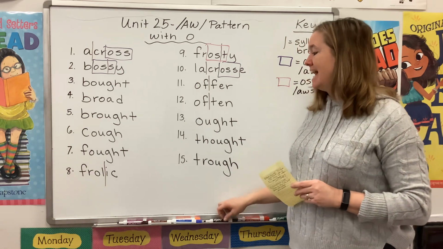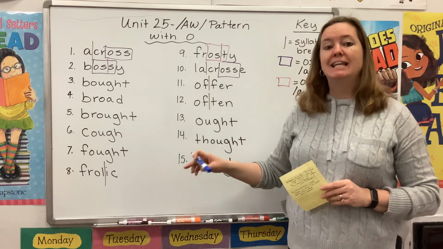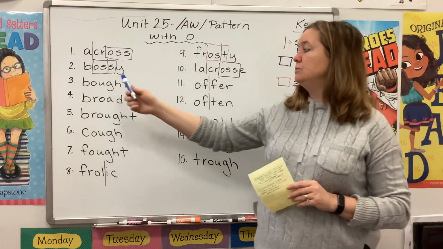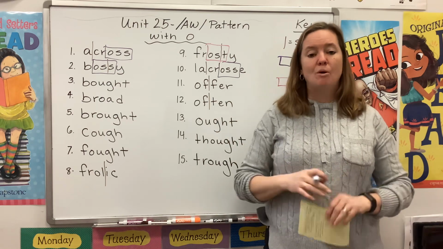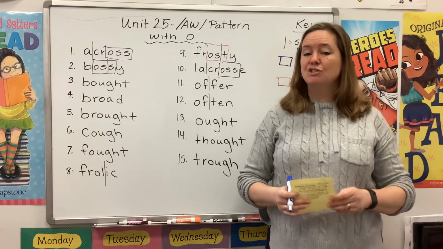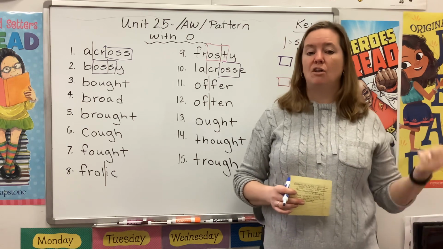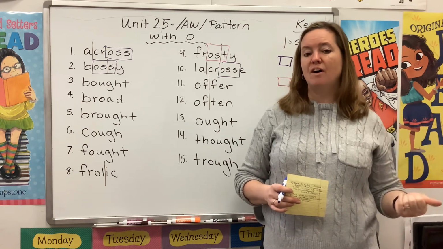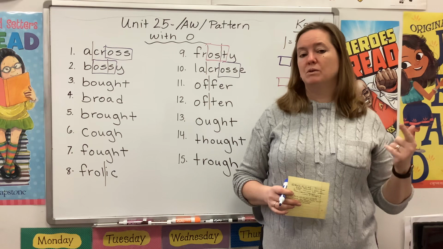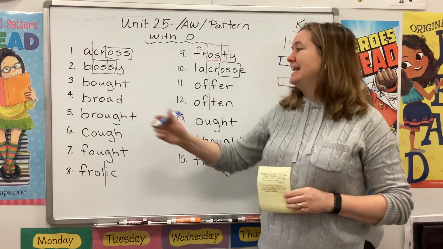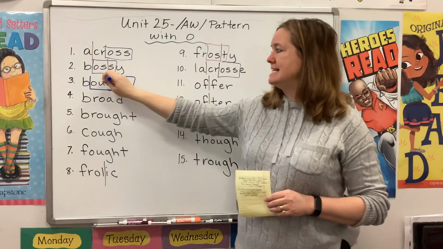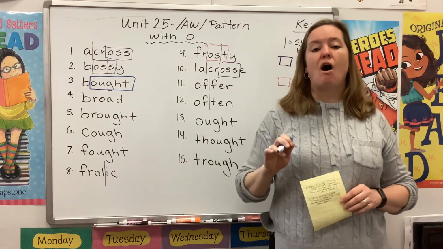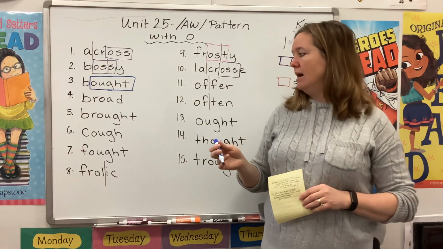All right, now speaking of tricky, let's look at this OUGH pattern. You've seen OUGH so many times this year. It actually has 6 different sounds. It can make a long O sound in words like though, an OO sound in words like through. Now we're going to notice that when it is followed by T, it makes an OT sound. Bought.